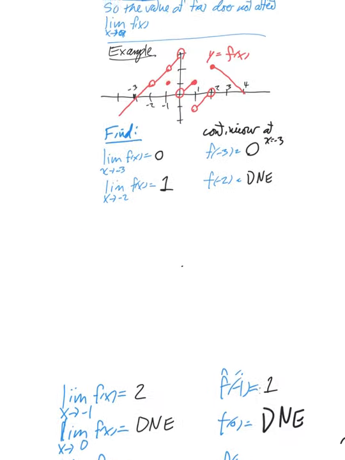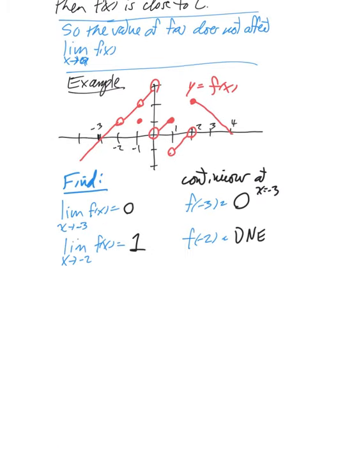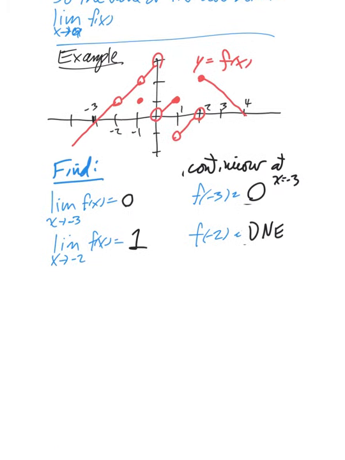How about x equals 1? At x equals 1, if x is a little bit less than 1, the function is close to 1. If x is a little bit bigger than 1, the function is close to negative 1. And the value of the function is equal to 1.